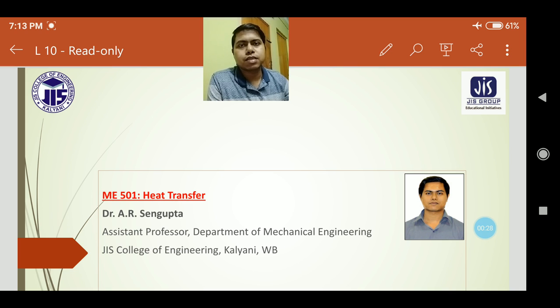Then while discussing the heat transfer equation through fin, we have seen that there are three different cases: when the fin is infinitely long, when the tip of the fin is insulated, and when the fin is of finite length. For these three different cases, we have discussed the heat transfer equation through those extended surfaces or fin.